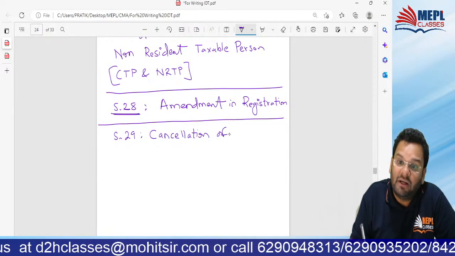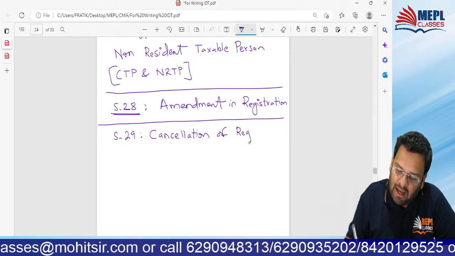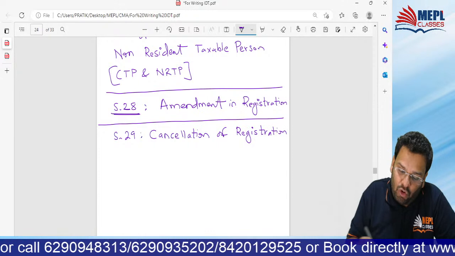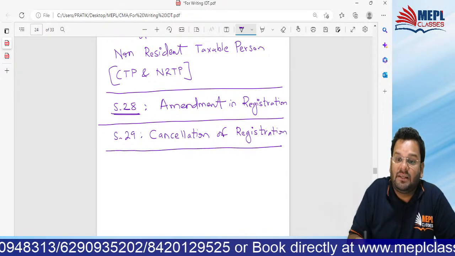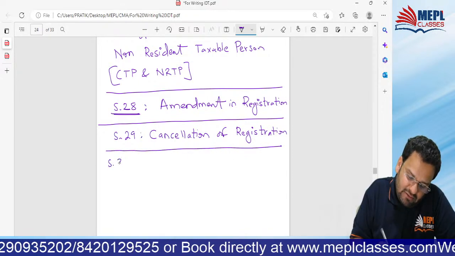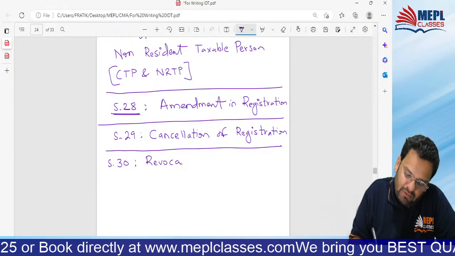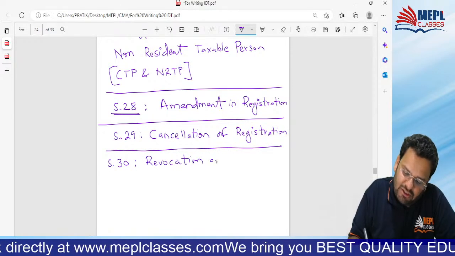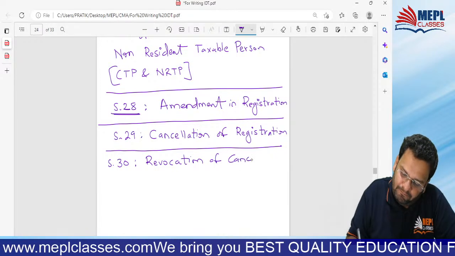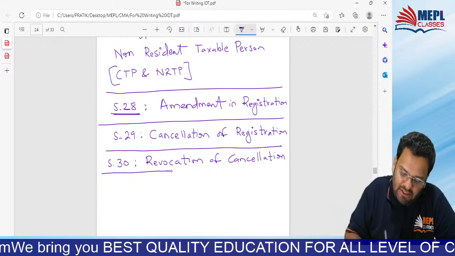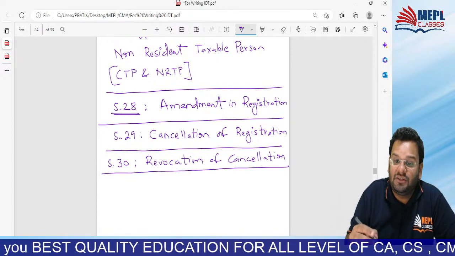cancellation of registration, and 30 is revocation of cancellation. Revocation of cancellation means the cancellation is stopped, cancellation is revoked.